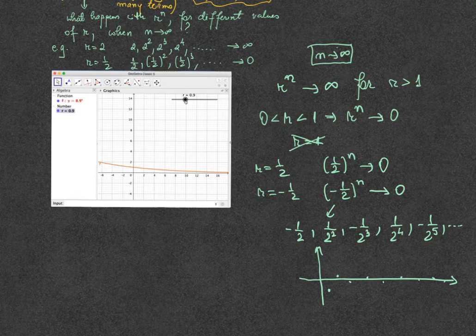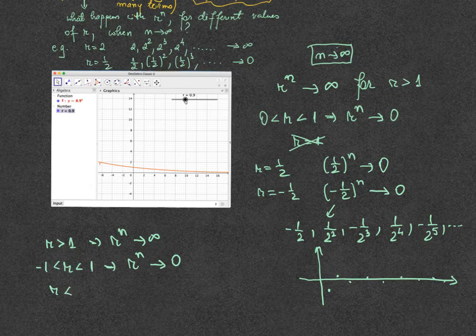So we have the following cases for now. If r is bigger than 1, then r to the power of n approaches infinity. If r is between minus 1 and 1, then r to the power of n approaches 0. Now think what happens if r is smaller than negative 1.